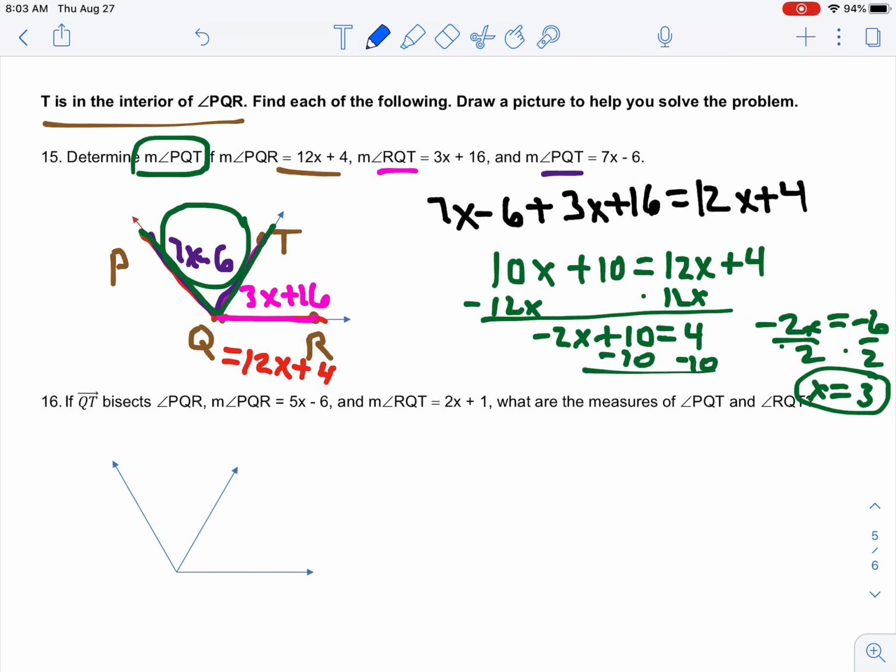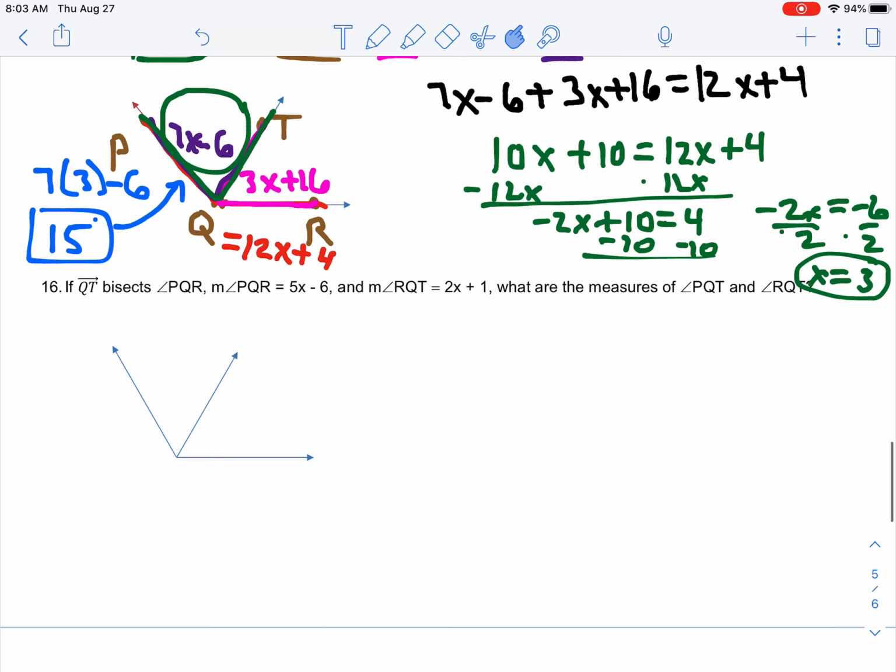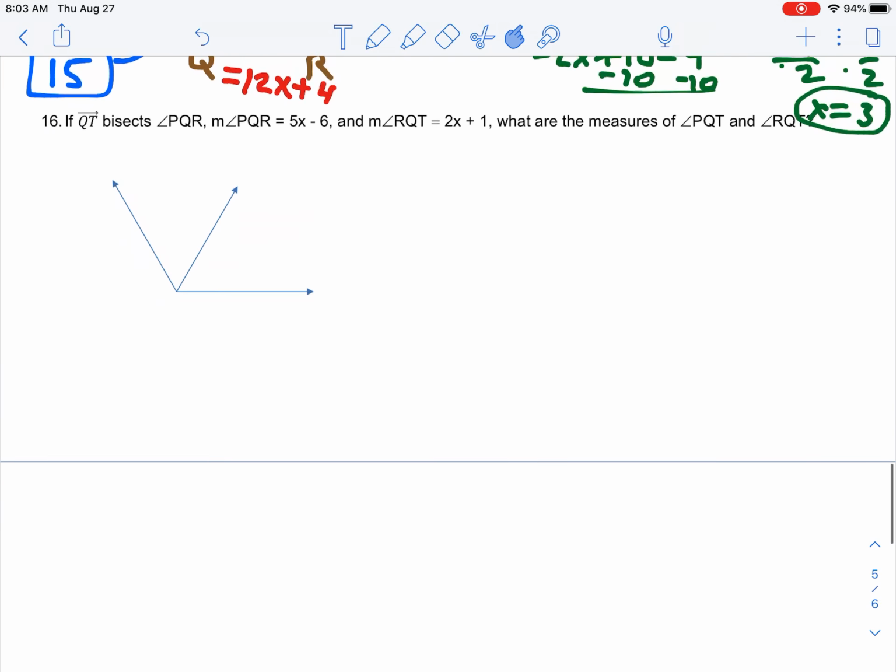So let's plug it in. 7 times 3 minus 6. 7 times 3 is 21. 21 minus 6 tells me the angle is 15 degrees. All right, so angle 1 plus angle 2 equals the whole entire angle. All right, let's go to our last one.